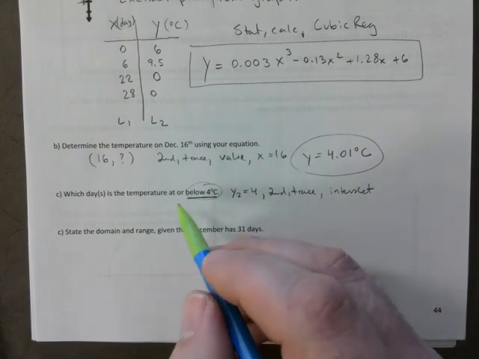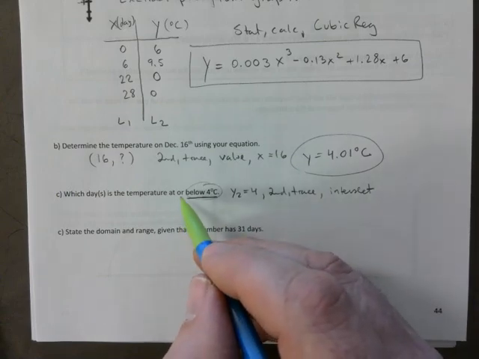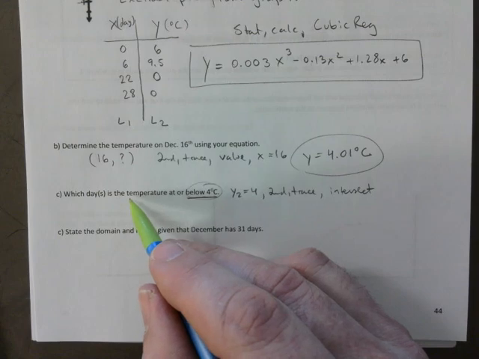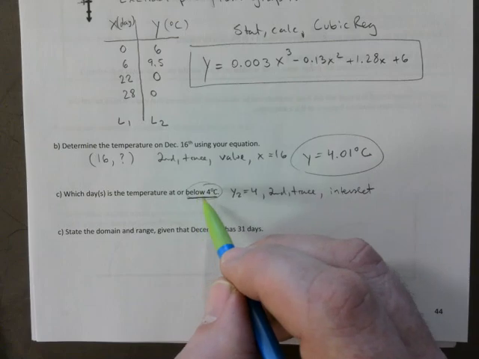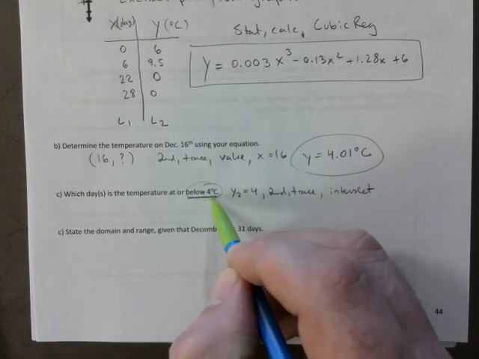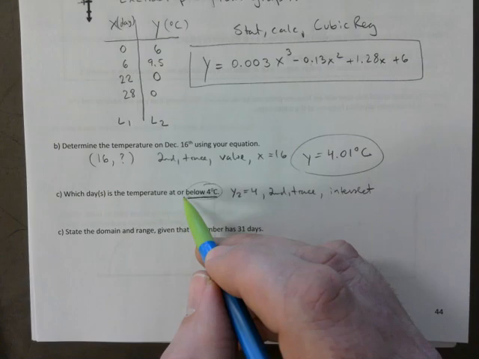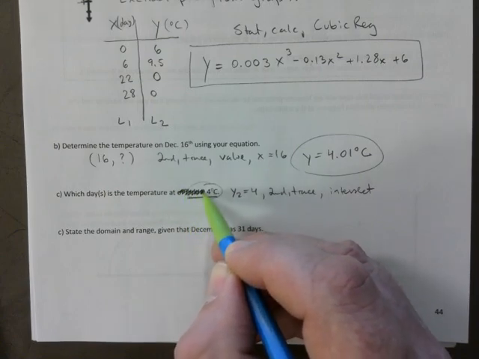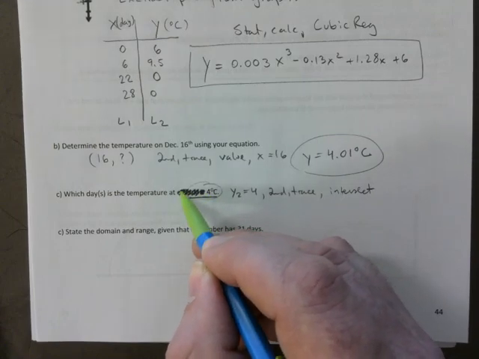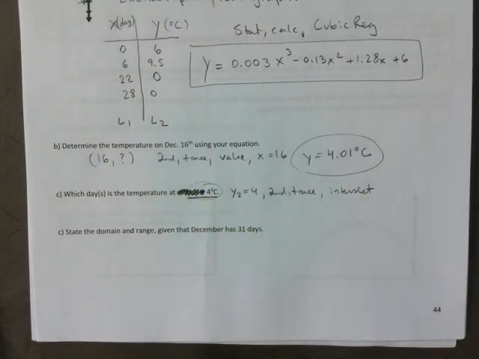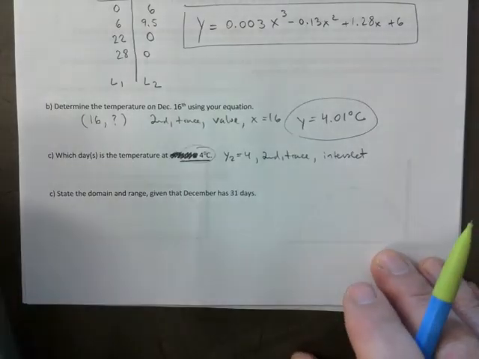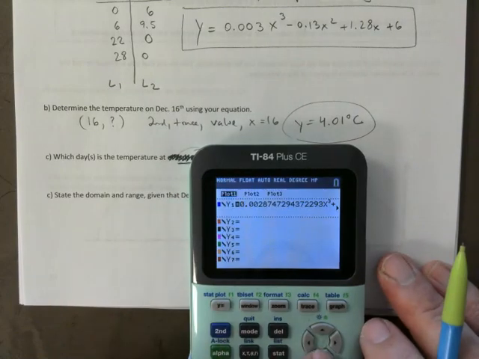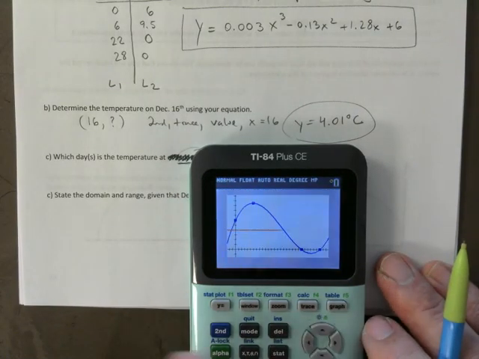Can I just make a change here. I'm just going to say which day or days is the temperature 4 degrees Celsius. We're not doing the below. We're just going to go at 4 degrees Celsius. So if it was below, we would have to consider a whole bunch of days. So you just enter that, let y2 equal to 4.